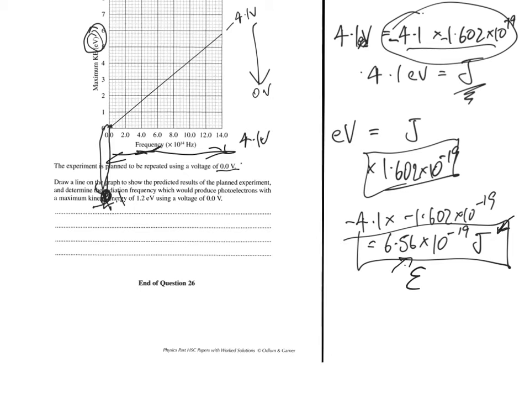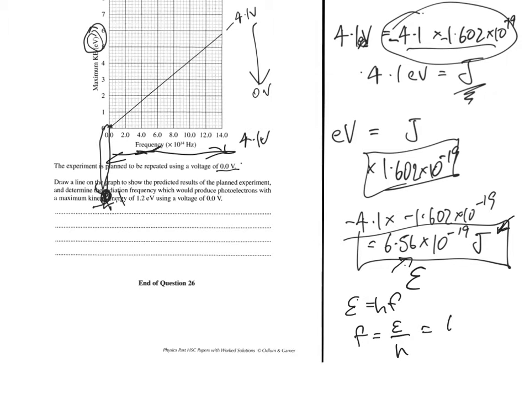And we want the frequency so we can see what the x-intercept on that graph is. So we can do that now. That's E, so E equals hf. Now we rearrange that. We want frequency, so f equals E on h.